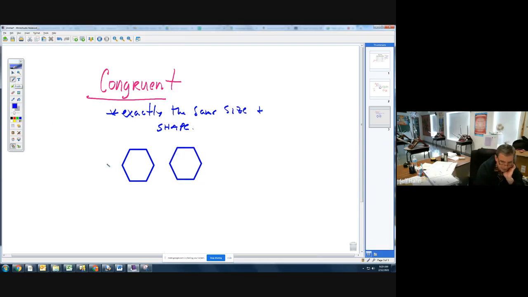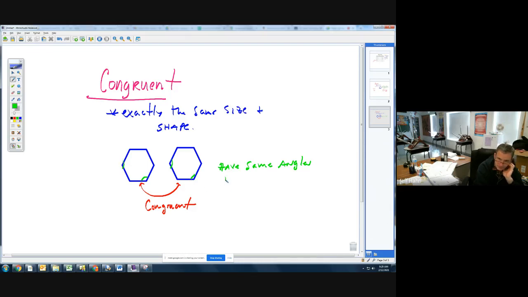Those 2 shapes, this and this, are congruent. And the important thing to remember about congruent shapes is that congruent shapes have the same angles in them. And that means that this angle would equal this angle would equal that angle.